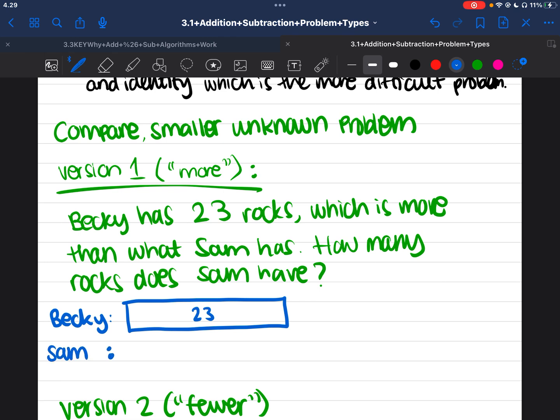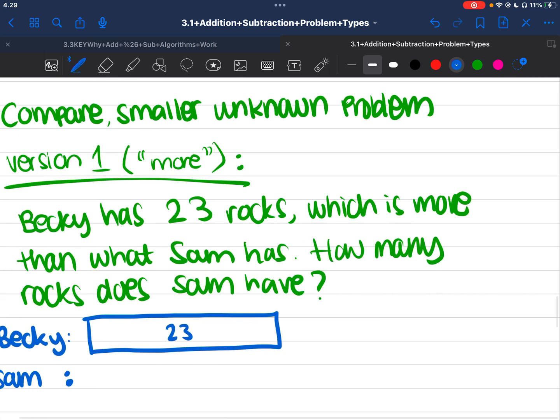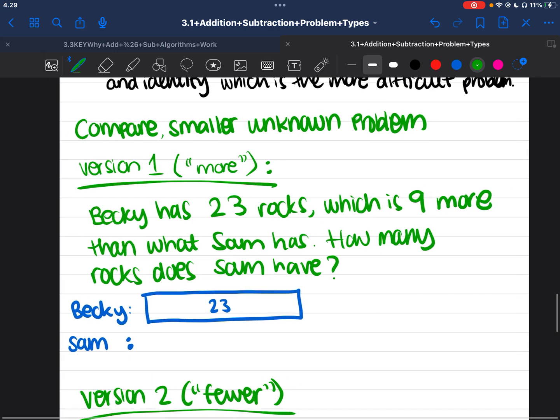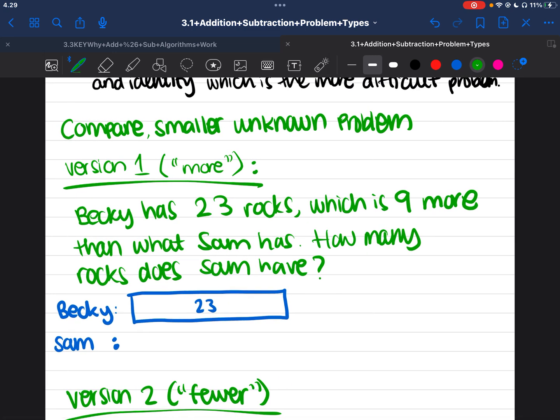Wait, did I specify how many? Which is 9 more. I should have, sorry, I had a note here. I didn't specify, which is 9 more than what Sam has. Okay, sorry, y'all. So in that case, we know that Becky has 9 more than what Sam has, right?